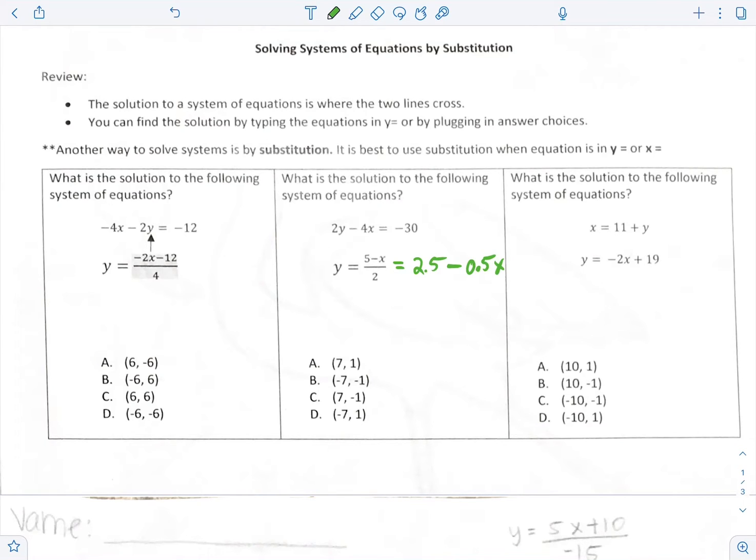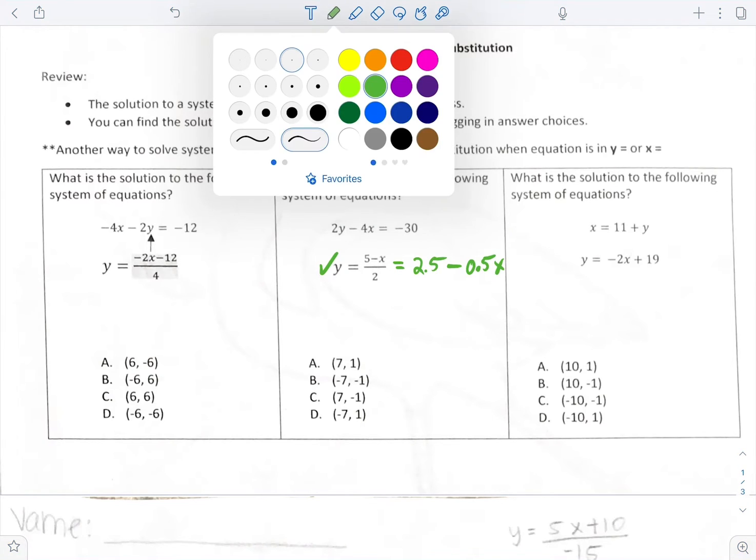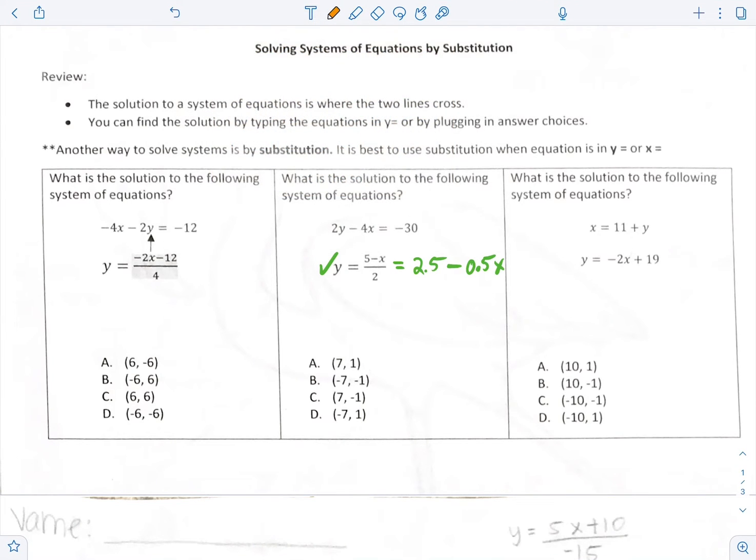All right, and we're going to use this for our y equals. From here, since we know what y is, we can substitute this right in here. So this is 2, open parentheses, minus 4x equals -30. Don't forget, what we're plugging in is 2.5 minus 0.5x.